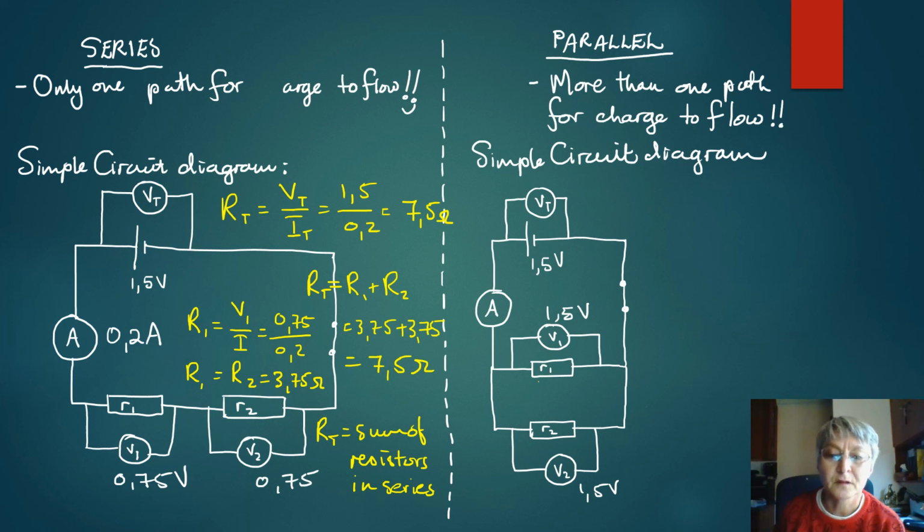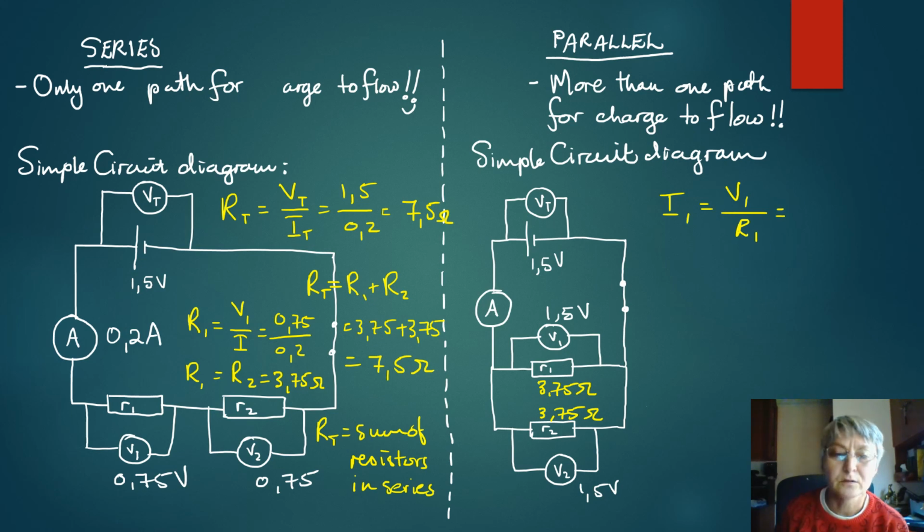So R1 is 3.75 ohms and R2 is 3.75 ohms. So I want to know what is the current in the first resistor. Current, if I use Ohm's law, would be the voltage across the first resistor divided by the resistance.